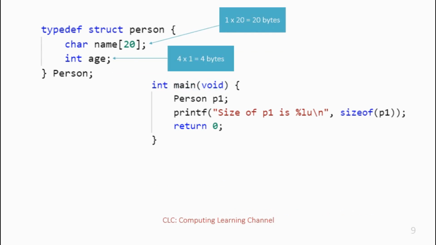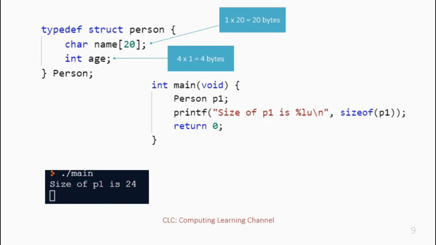This means that when you set the name of p1 to say Dave, you don't have to worry about allocating 20 bytes to accommodate the string. In other words, the compiler allocates sizeof struct person bytes. sizeof is a handy built-in C operation that you can use to calculate the number of bytes a data type takes up in memory.